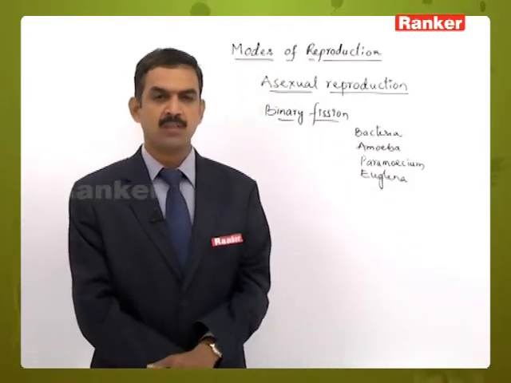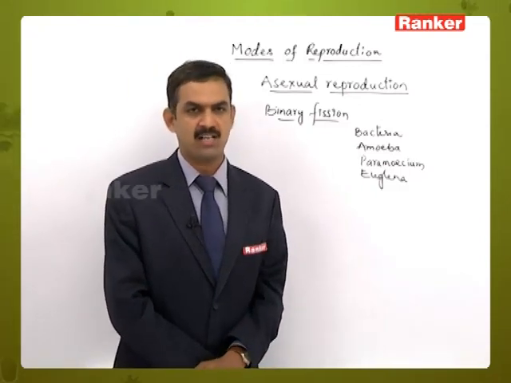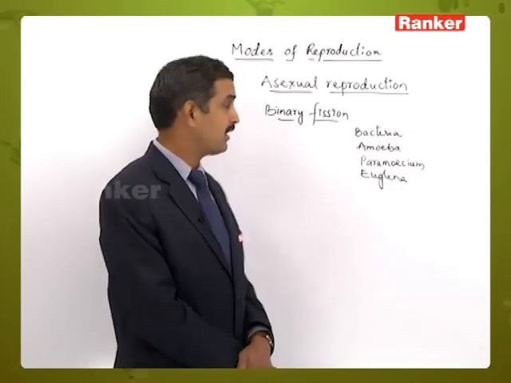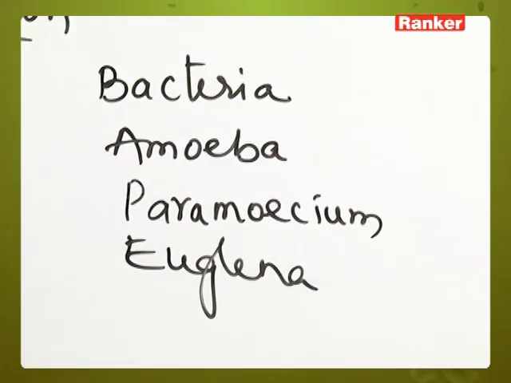As we know, all living organisms have death at one or other stage of their life, but in unicellular organisms like these examples, there is no natural death.